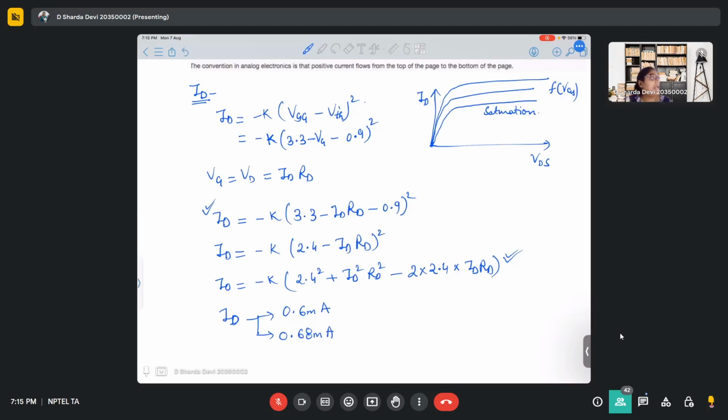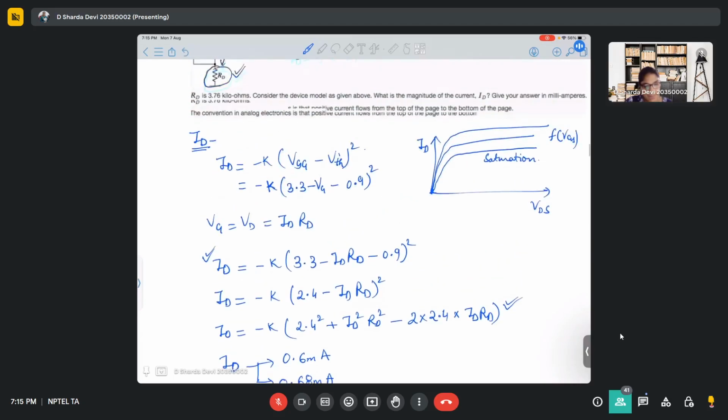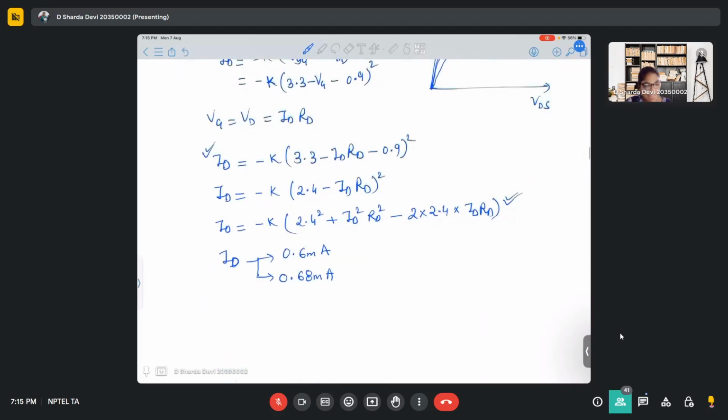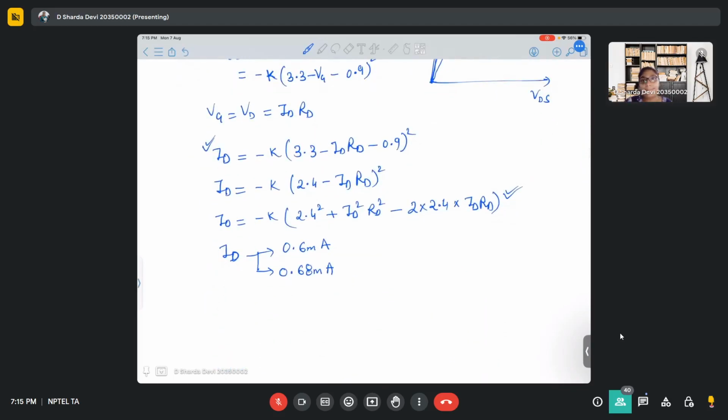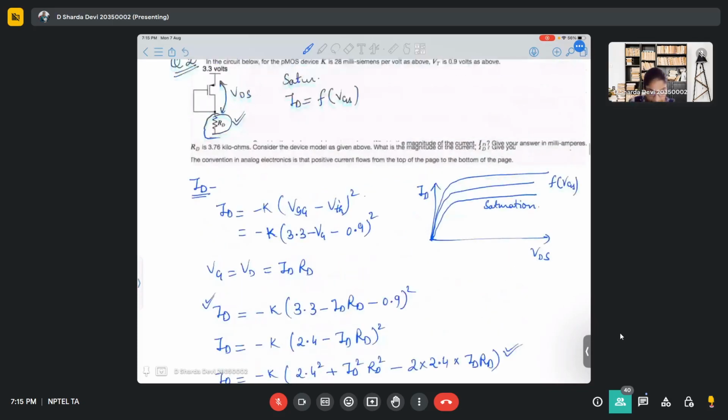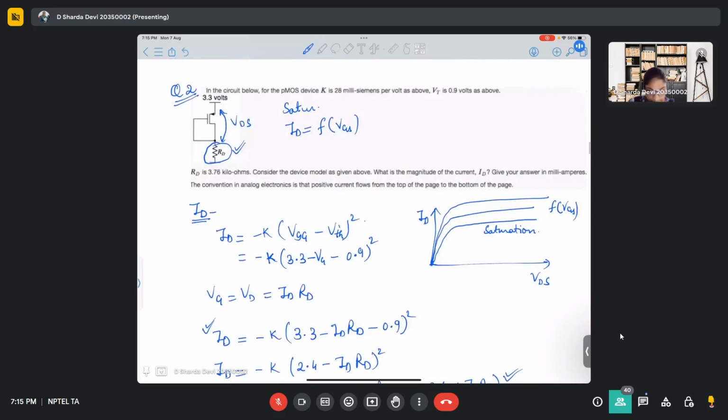Now these two values are very close by, right? How to decide which one is the correct value of ID? What is the condition that your transistor needs to satisfy?